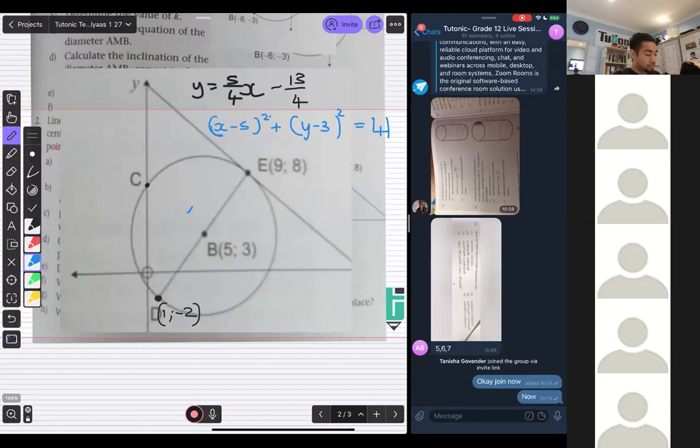Okay, so you're going to get 2 answers, and you guys know how to solve this, right? You just expand and then you solve. So y either equals 7 or minus 1.